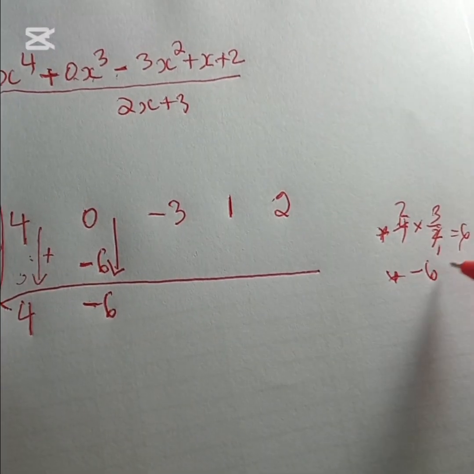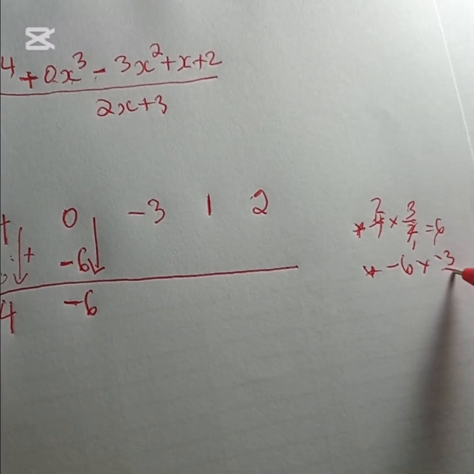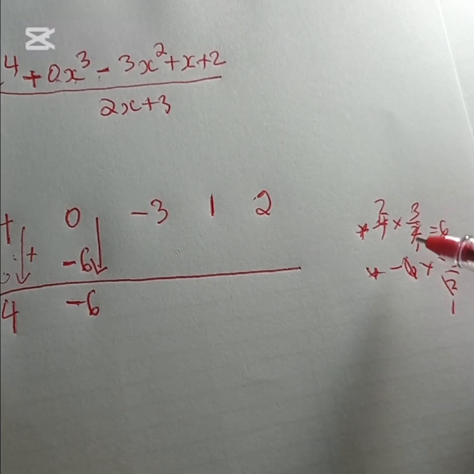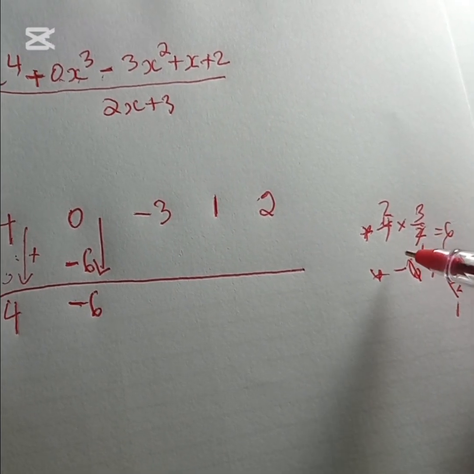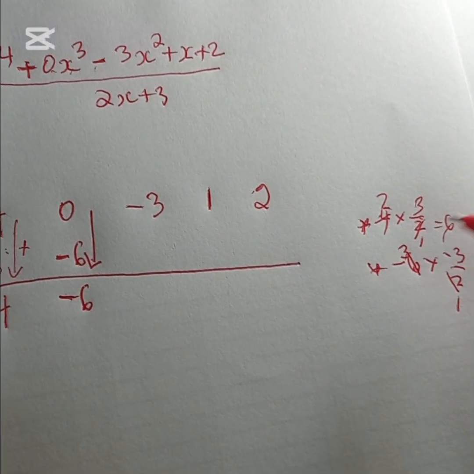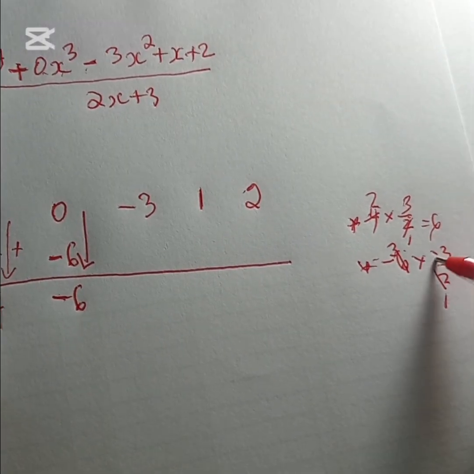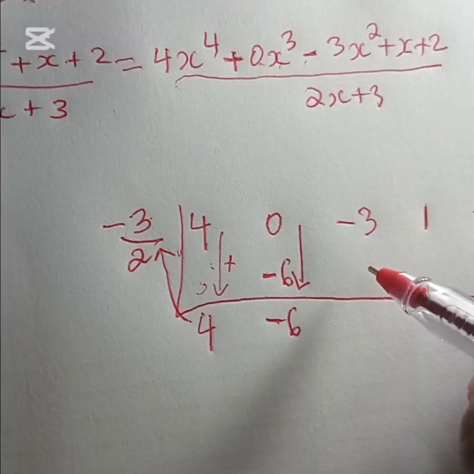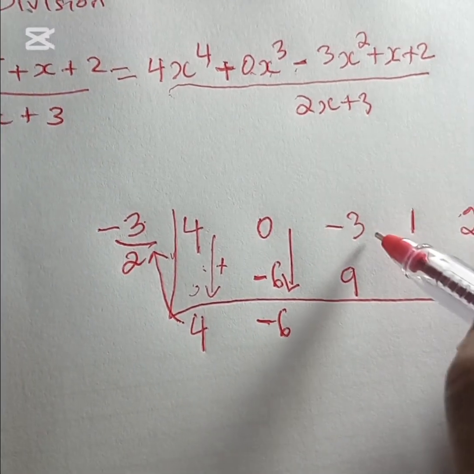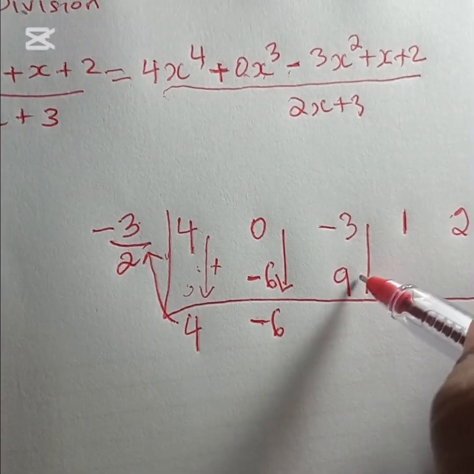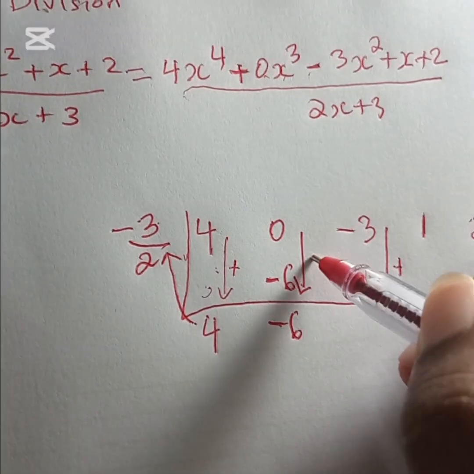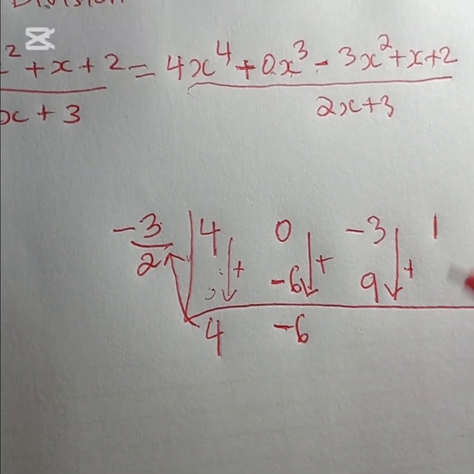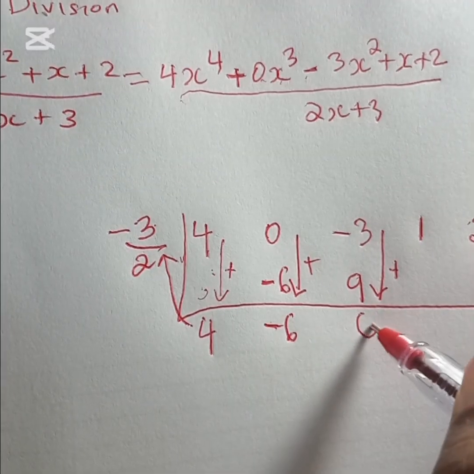Let's see, negative 6 times negative 3 on 2. These 2 cancels with that 6, which gives 3. And negative 3 times negative 3 is positive 9. So we write it down here. Then we add down, and negative 3 plus 9 is a positive 6.